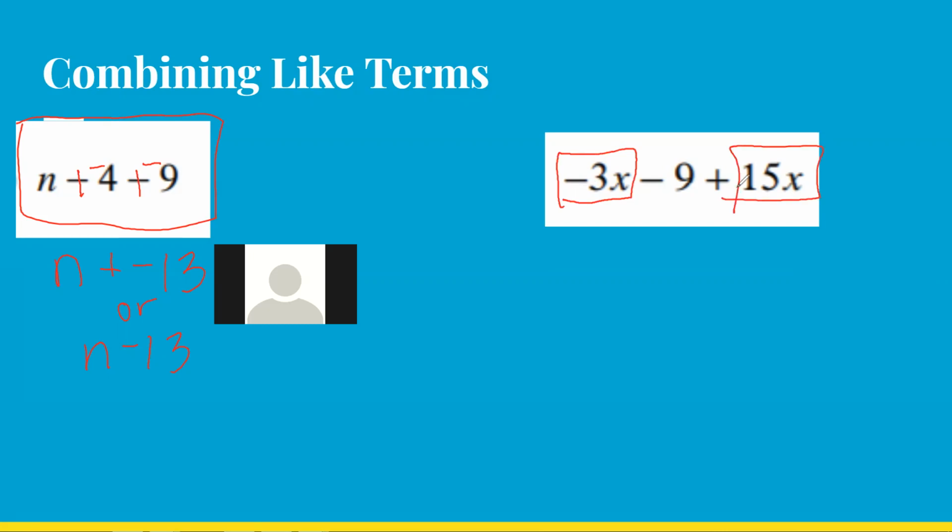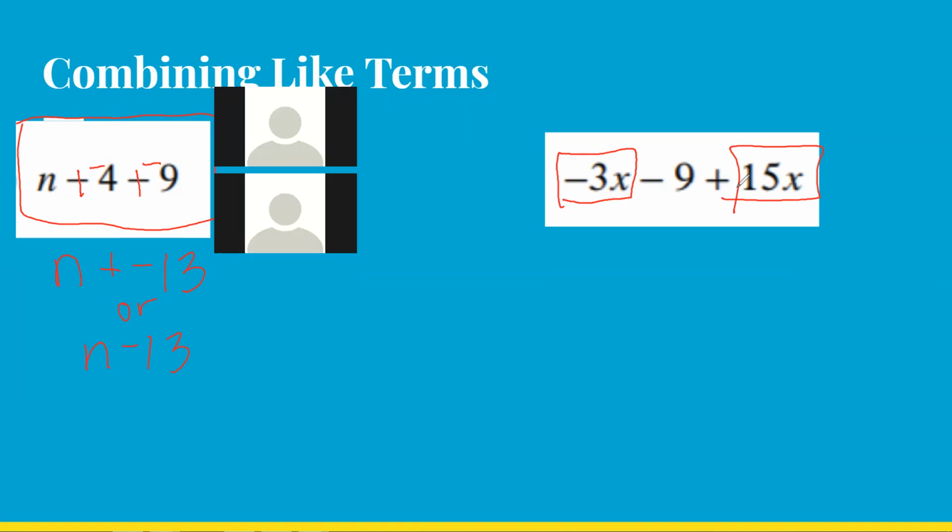So what is negative 3 plus 15? 12. Very good. That's going to be 12x. And then that negative 9 is still there. And that's it. I can't combine any further. X goes with the 12 and 9 has nothing with it. Good.